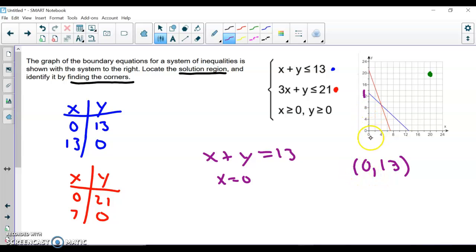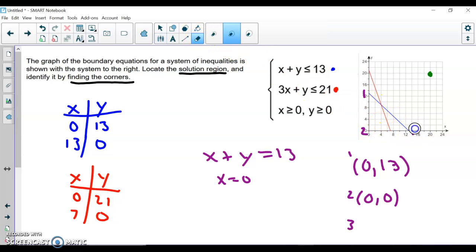Now let's do another corner point. This one's pretty easy to get. Let's call this 2. Corner point 2, of course, is just 0, 0. That's where x is 0, y is 0. That's the intersection of these two. Corner 3, I'll call that one right here. I'm sorry, that is not corner 3. This is corner 3. That's the intersection of the red line, which is 3x plus y equals 21.